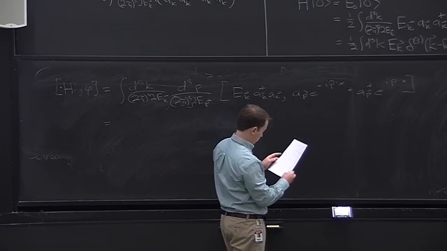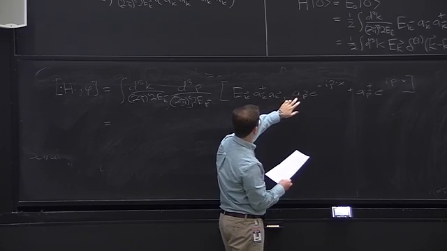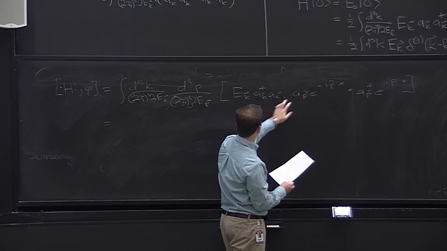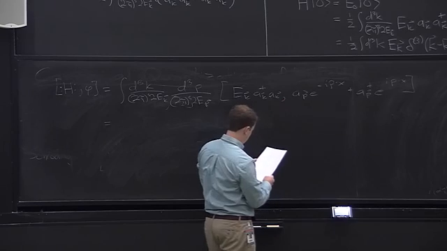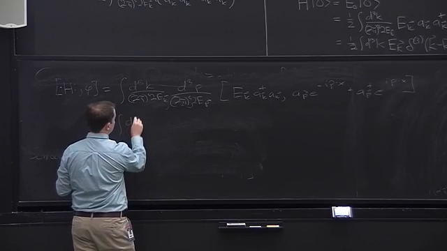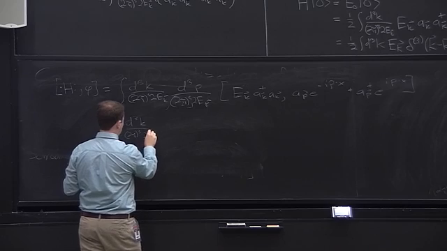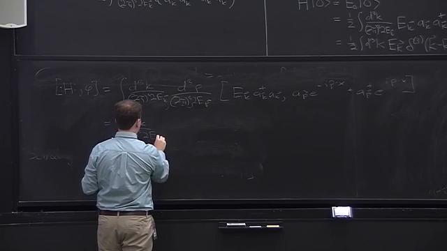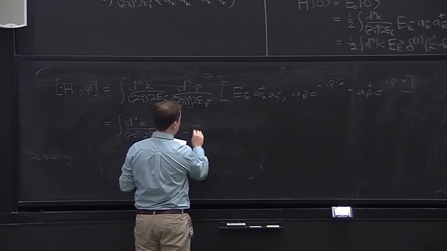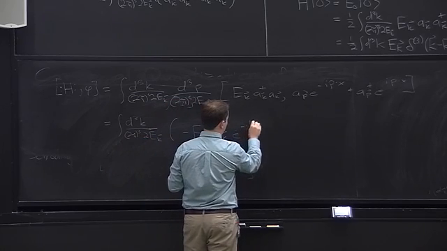And so for this first term, we can commute the a_p with the a_k dagger. What we'll get is minus E_k a_k e to the minus i k dot x.